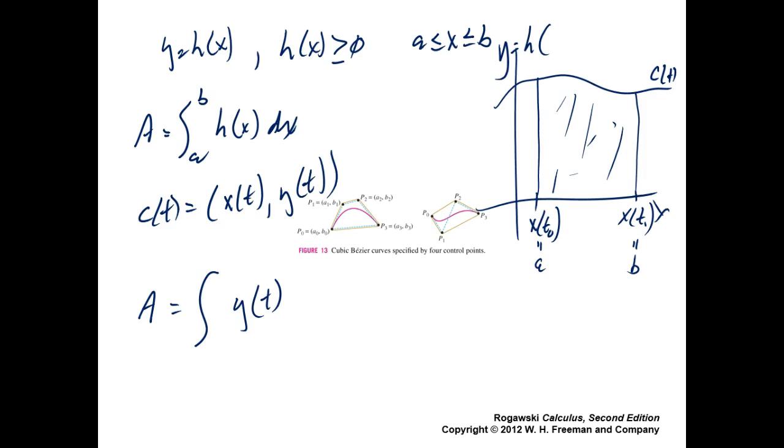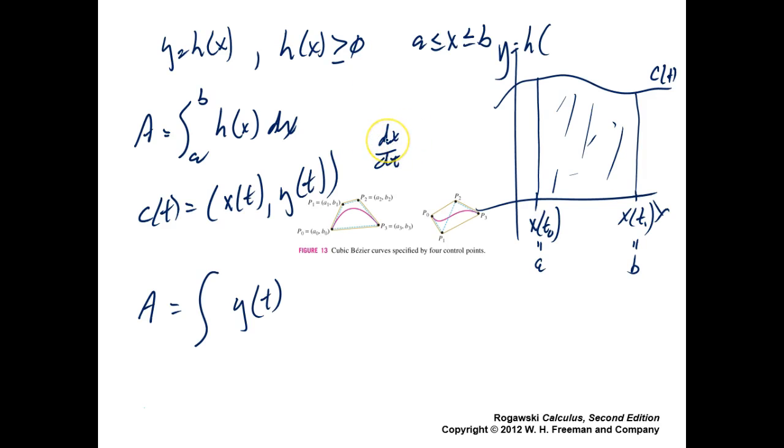Now, the part that's a little different here is your dx. Here's what you have to do: dx dt times dt is equal to dx.